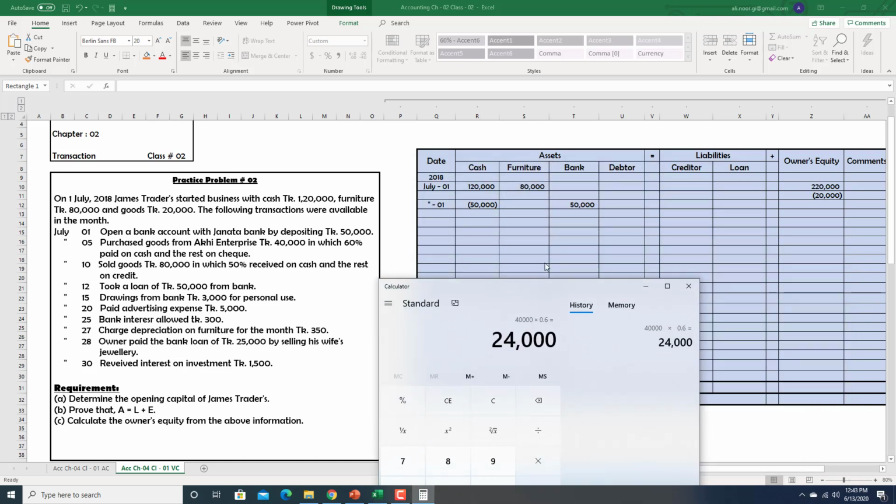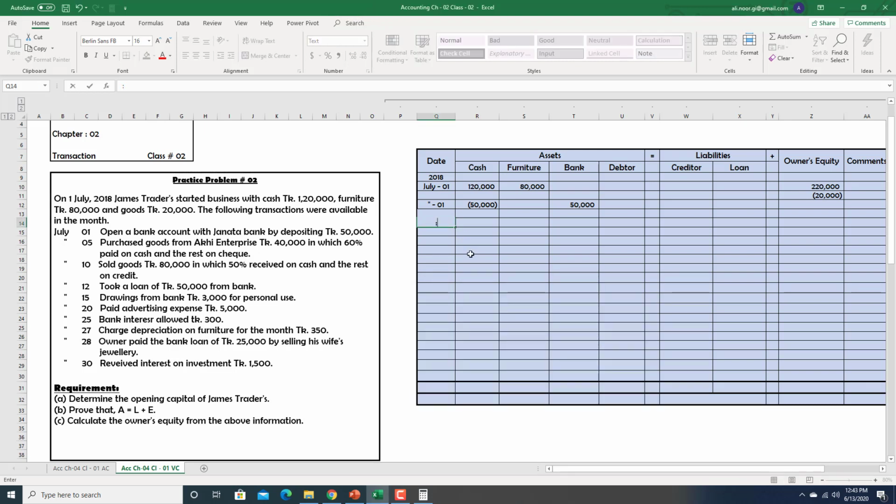So for July 5, let's write it here. This is a purchase transaction, so you have to subtract 24,000 from cash and the rest amount from bank, because you have to remember that when we make any payment through check, it will reduce bank account, and when we receive any check, it will definitely increase bank account.